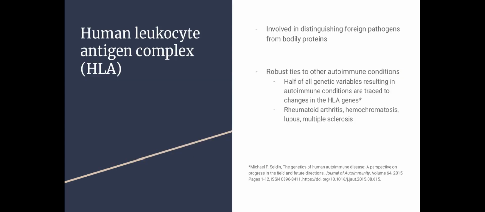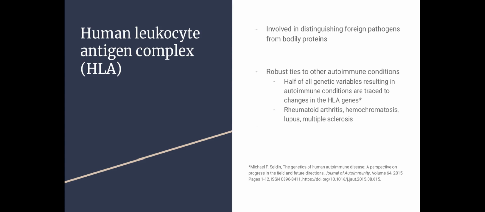So when I looked a little bit further into that HLA complex, like I mentioned before, it's involved in distinguishing foreign pathogens from bodily proteins, but it has ties to all sorts of autoimmune conditions. You'll see there in that first bullet, on the second bullet down, half of all genetic variables resulting in autoimmune conditions are traced to changes in the HLA genes, right?